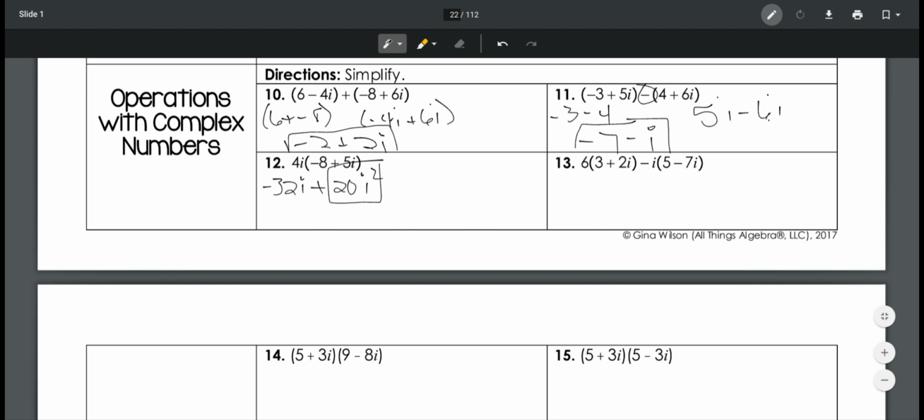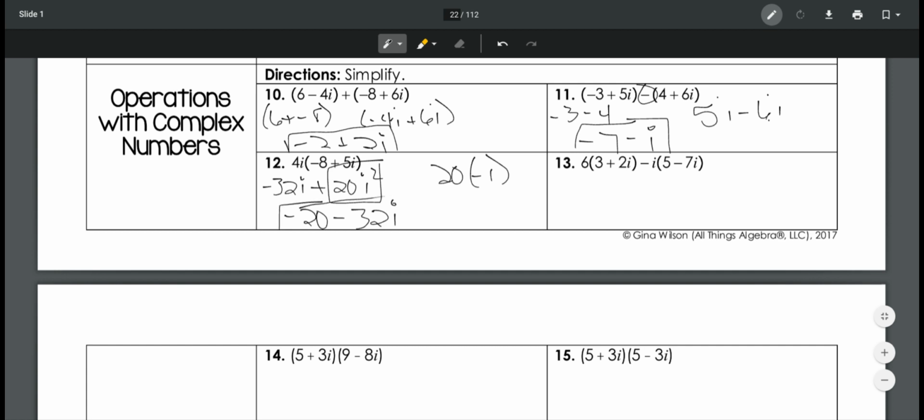Well, if you watched the previous review for imaginary units, you know that every i squared is equivalent to negative 1. So I have negative 20 times negative 1, which is negative 20. So my final answer would be negative 20 minus 32i.